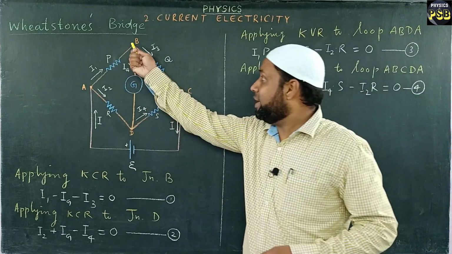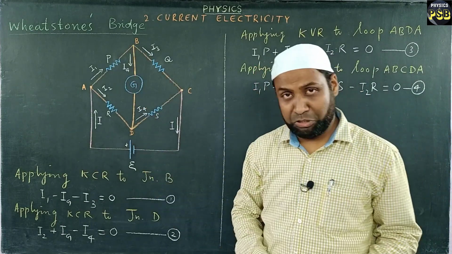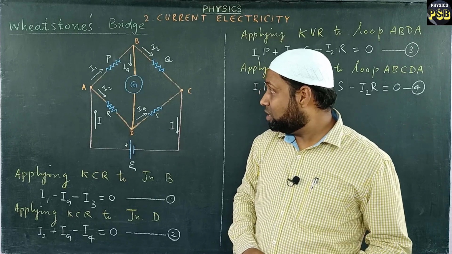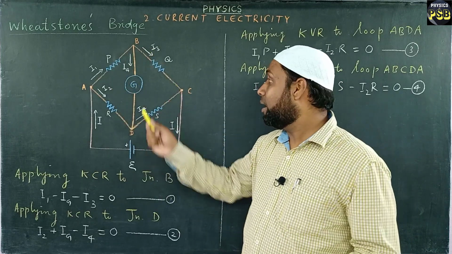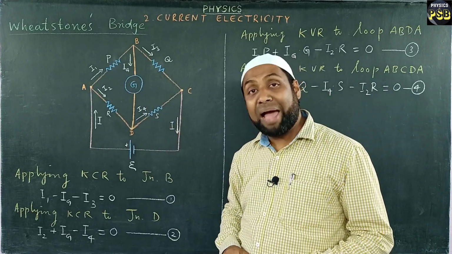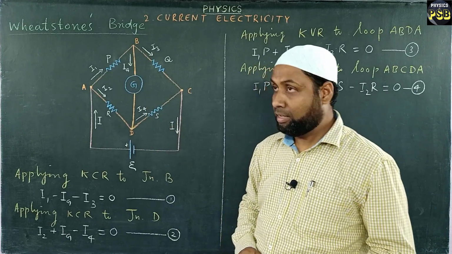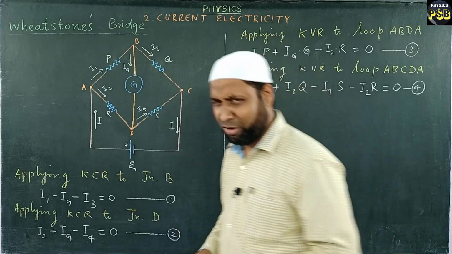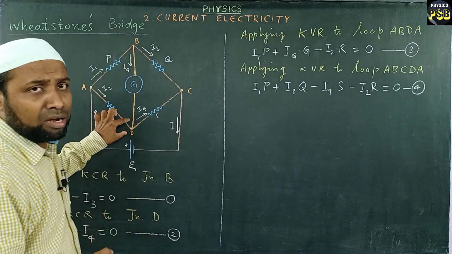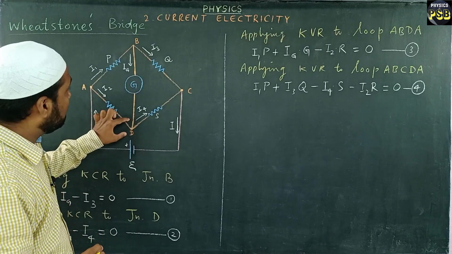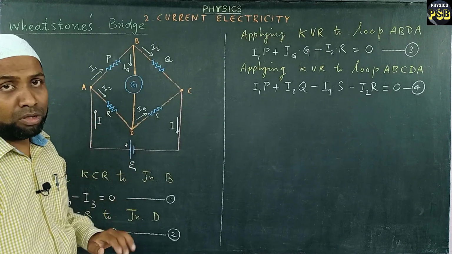When the points B and D are at the same potential, it means the bridge is at a balanced condition. In such a case, when 2 points are maintained at the same potential, the potential difference between these 2 points is 0.